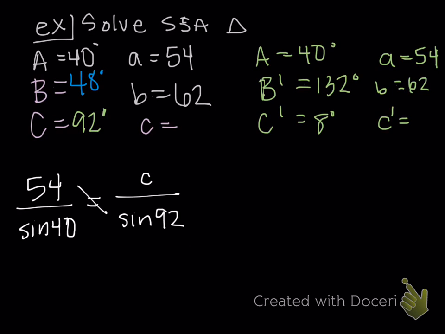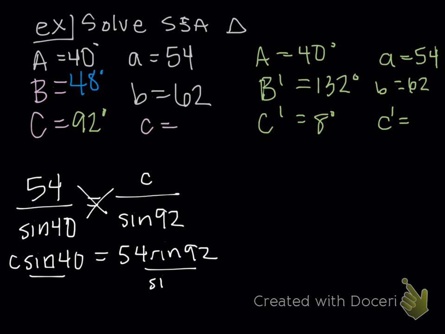To solve for c, I cross multiply. So I get c sine of 40 equals 54 sine of 92. And then I would divide both sides by sine of 40 to find our c. When I type this all in the calculator, little side c is 84.